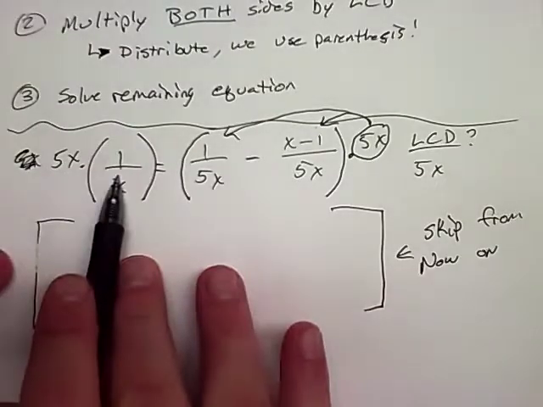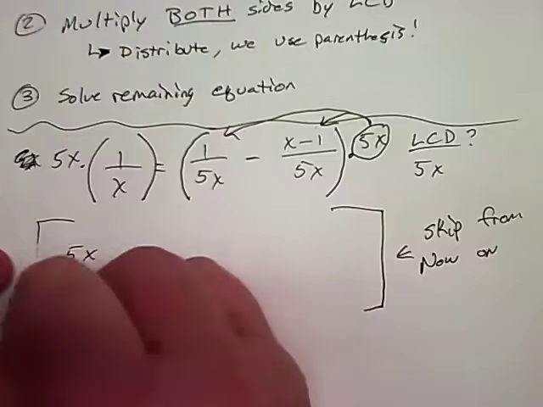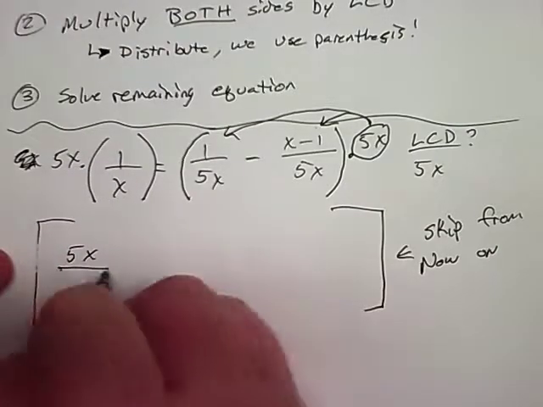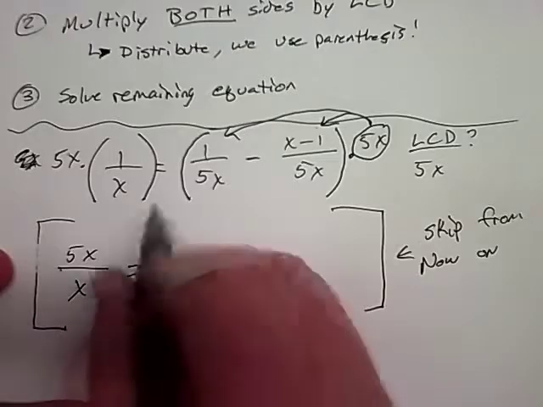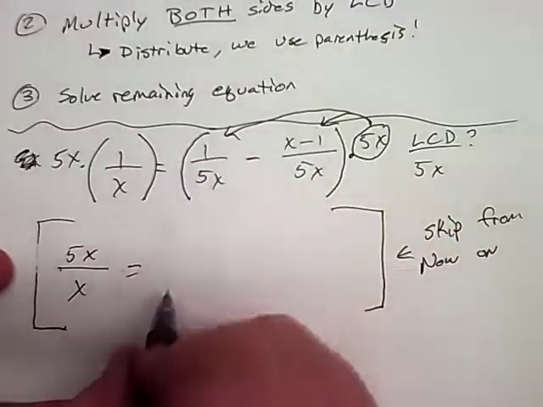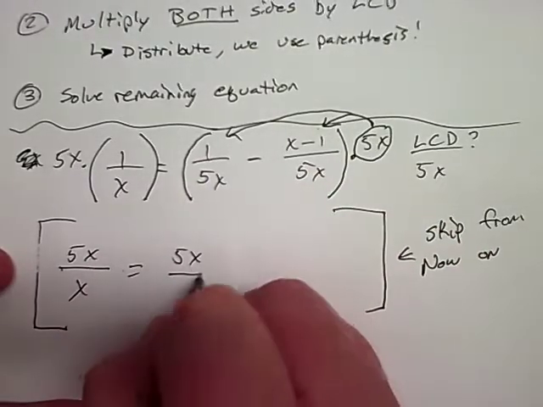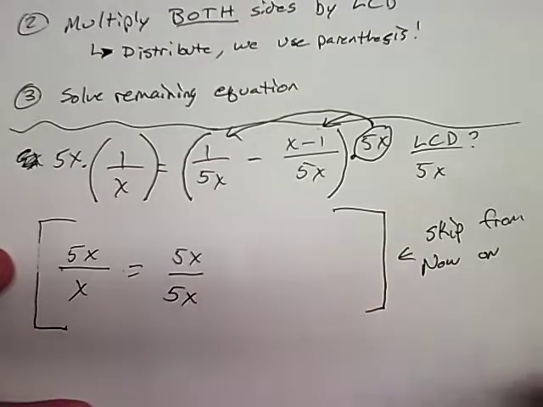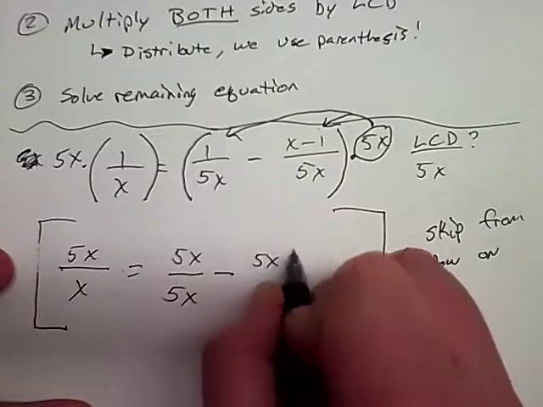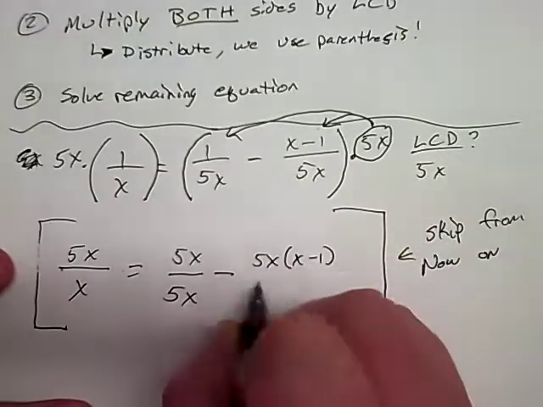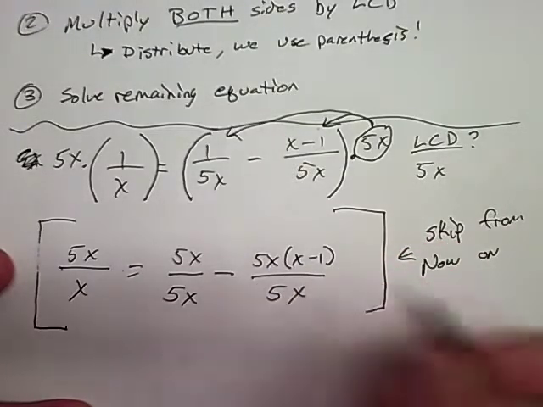So the 5x gets multiplied by this guy, and I have 5x times 1 is 5x over x. 5x times, and then got to get my equal sign. 5x times 1 again is 5x divided by 5x minus, and here I have 5x times x minus 1 all over 5x.